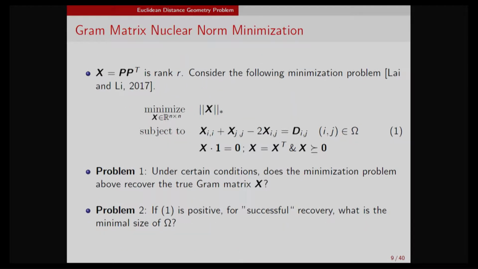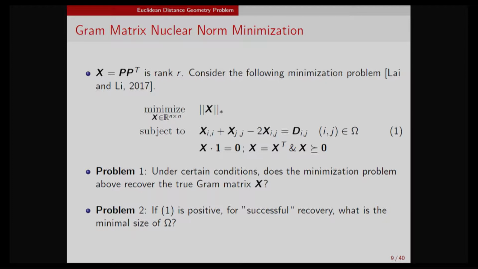Another way to do this is to consider the Gram matrix instead of the distance matrix. It is basically the same regularization: we put the centroid at the origin, and we have this relation between the Gram matrix and the distance matrix. If I consider this minimization problem, I want to answer two questions.